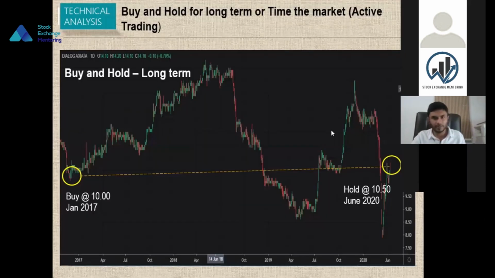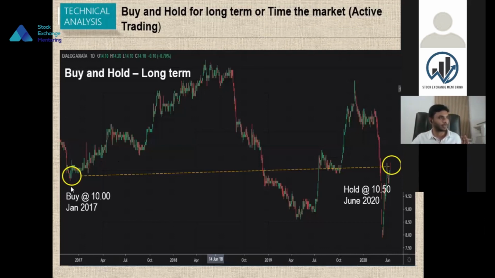So then we'll take an example of why technical analysis will be useful for you to make your trading decisions. For example, if you see this particular chart, this is Dialog. I have shared this chart from 2017 to June 2020.